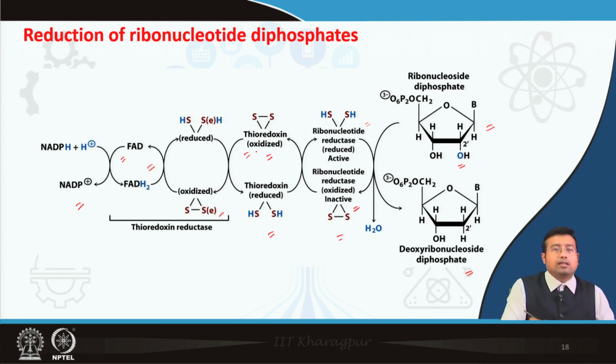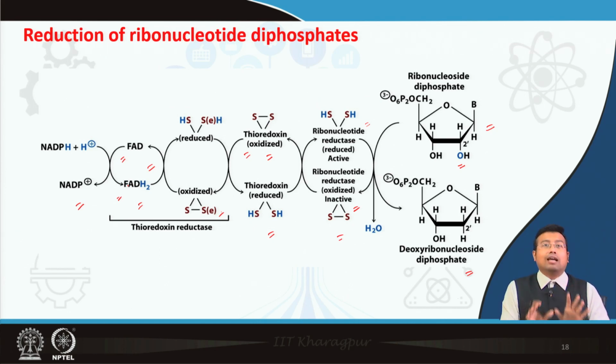So we got oxidized thioredoxin. Oxidized thioredoxin again needs to be reduced, and it is done by the enzyme thioredoxin reductase. Thioredoxin reductase itself gets oxidized, and we again need to reduce it with the help of FADH2. FAD will also get reduced, so NADPH helps in reduction of FAD to FADH2, alright. So if ribonucleotide reductase comes as a short note in any descriptive exam, be prepared to draw this diagram, and you should practice it on your own so that you can reproduce it in the exams. Okay.